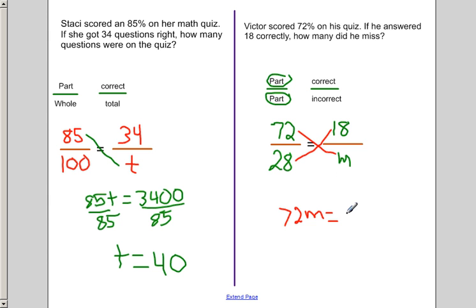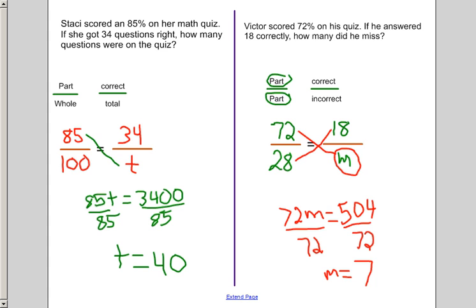And 28 times 18, I did the math ahead of time, so 504. And one last time, we divide to find out what 1M is equal to. And that would be 7. So if Victor scored 72% and he got 18 correct, that means he missed 7 questions.